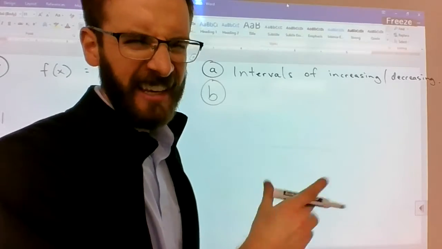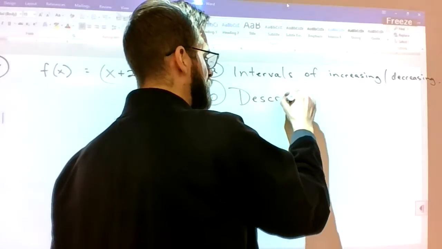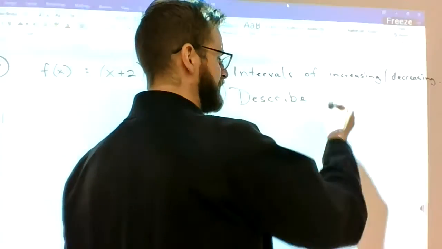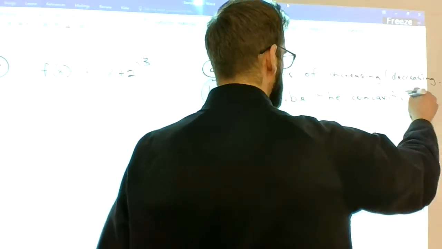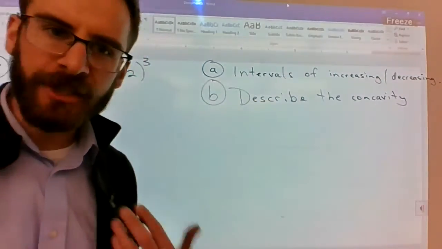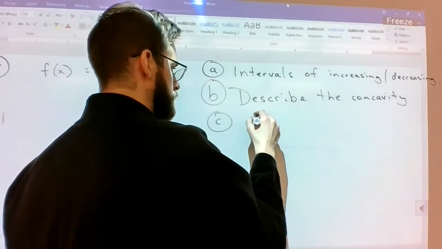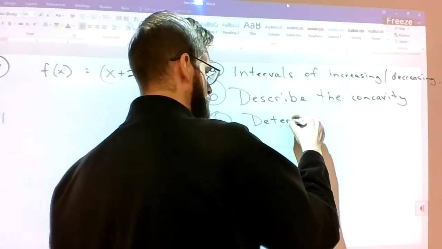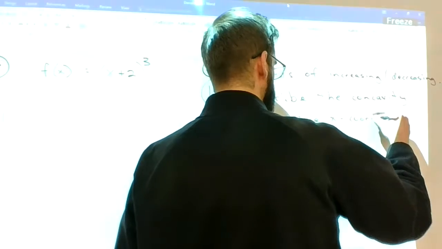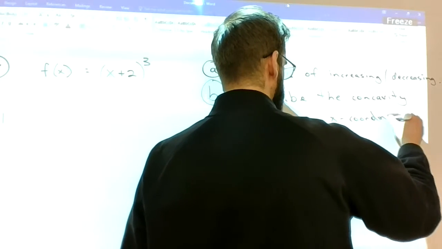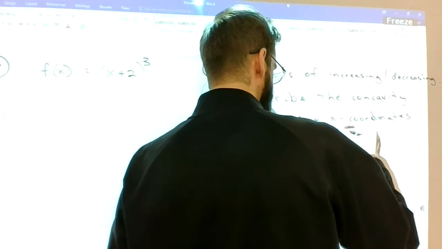Intervals of concavity, a lot of times I'll just say describe the concavity. And then part C is give the x coordinates for the inflection points. Determine the x coordinates for inflection points.